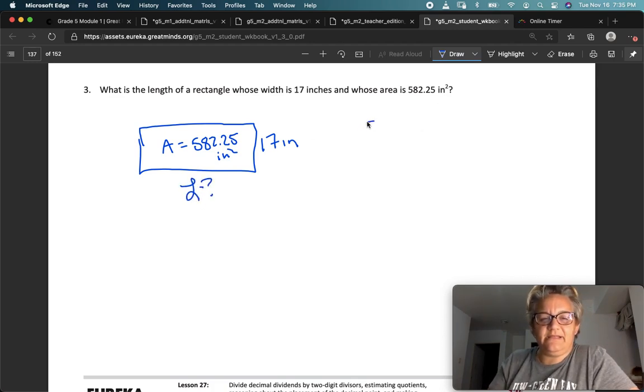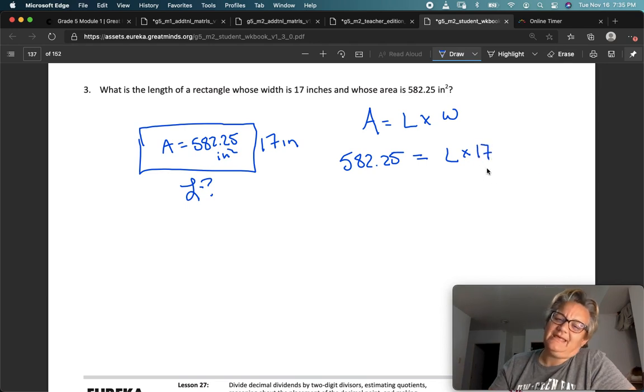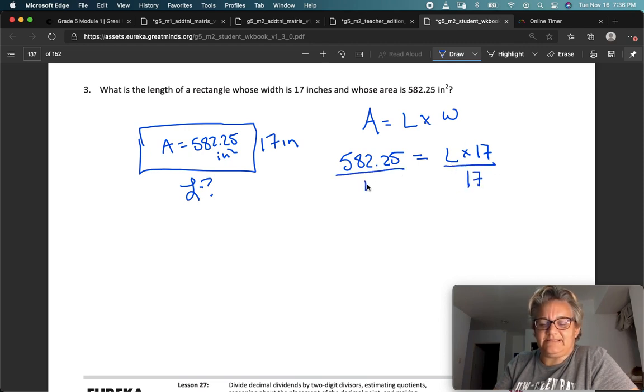Well, we know that area equals length times width, and we know that this area is 582.25 equals 17 times length. Now I need to get this 17 over to the other side, and the best way to do that is to divide. So I'm going to divide this whole thing by 17 and this whole thing by 17.